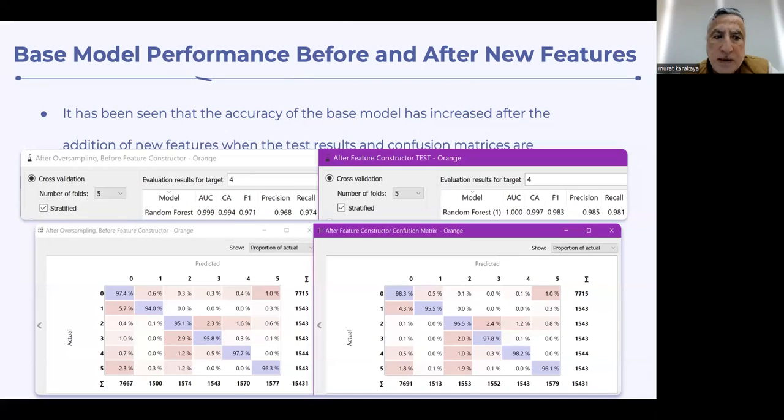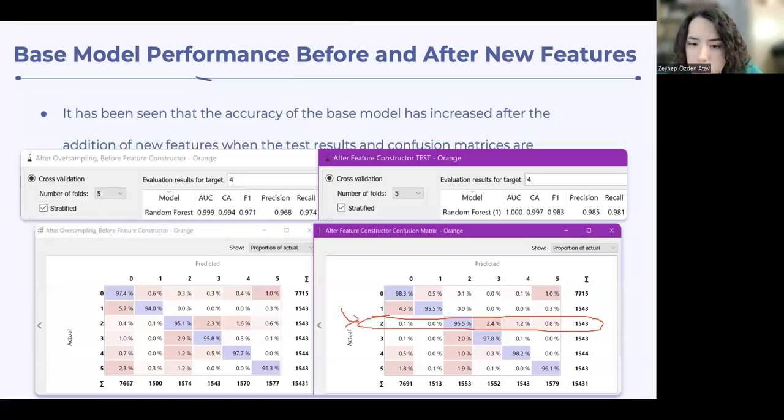Zeynep, may I interrupt at this position? Yes, hocam. Could you please explain what's happening in that confusion matrix, on that row? Okay, over here we have the actual number of the second failure type, which is, I believe, overstrain failure. It predicts 95% of them correctly.